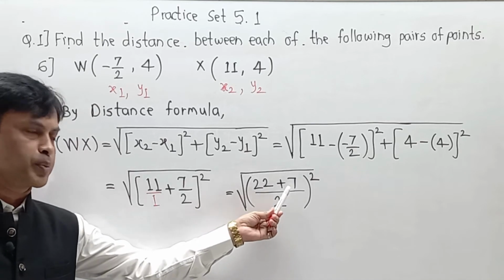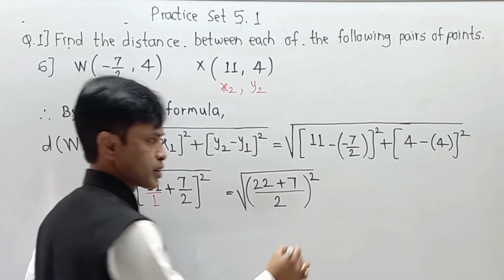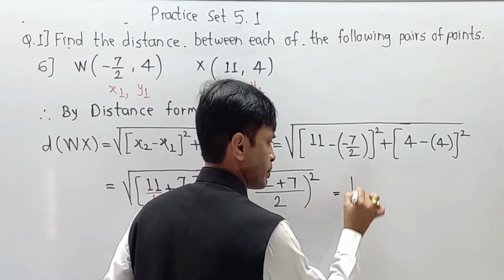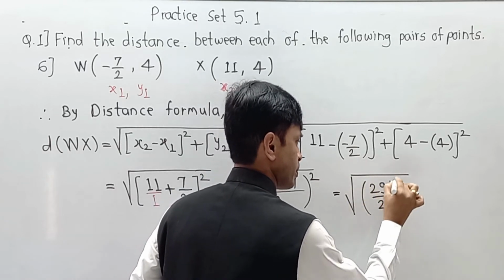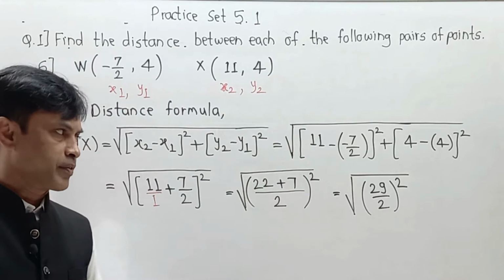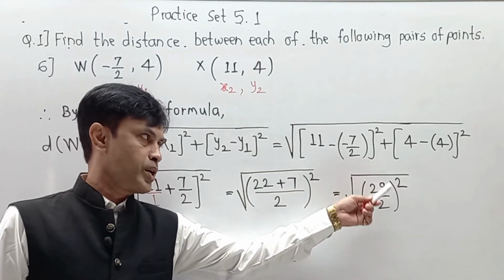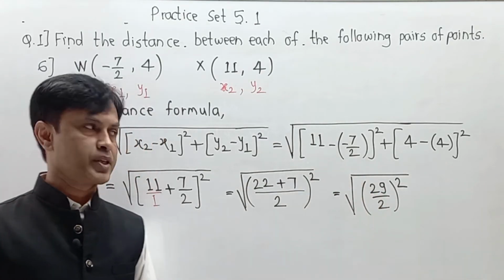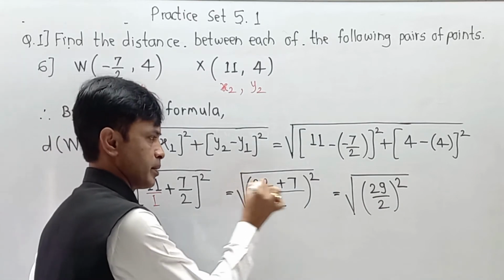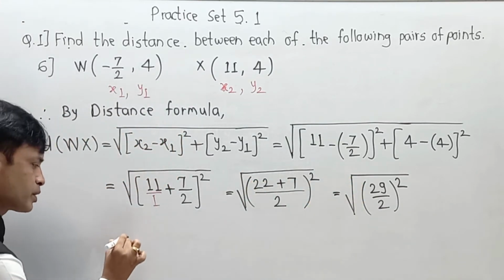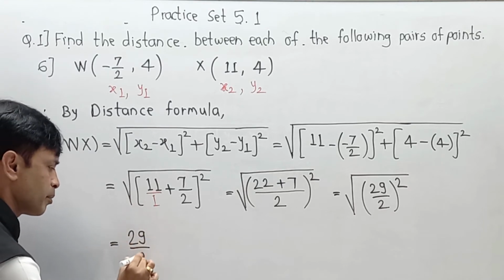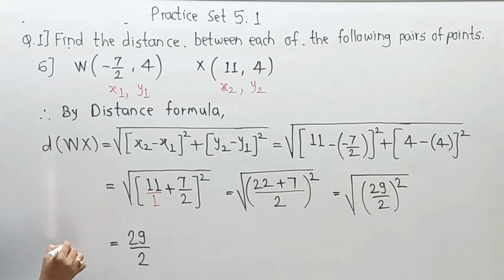We know that 22 plus 7 means 29. So it becomes under root of 29 upon 2 bracket square. Now definitely square and square root cancel the effect of each other, and your simplified value becomes 29 upon 2, which comes outside the root. So it becomes 29 upon 2, and that is nothing but your distance WX.